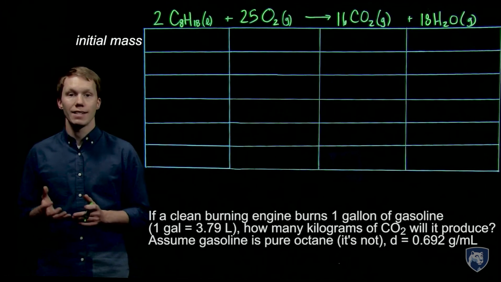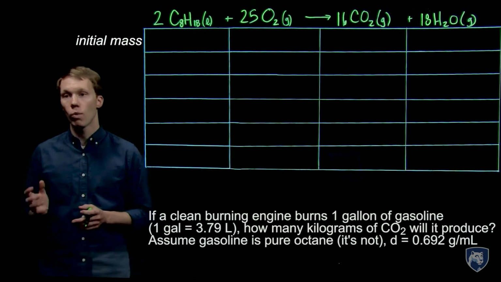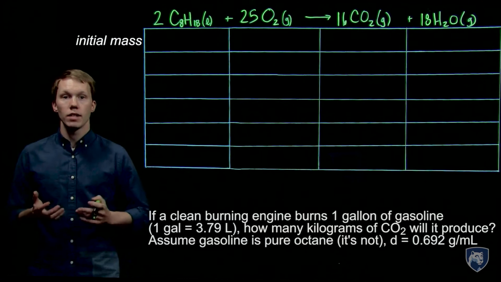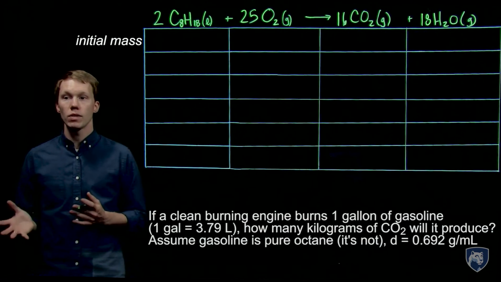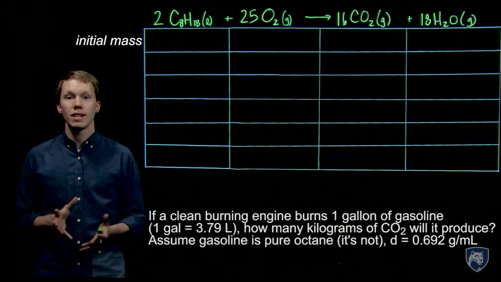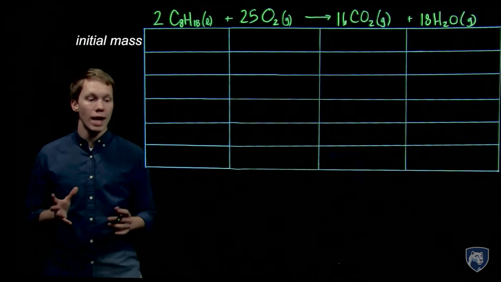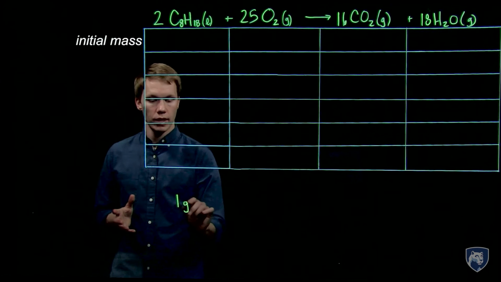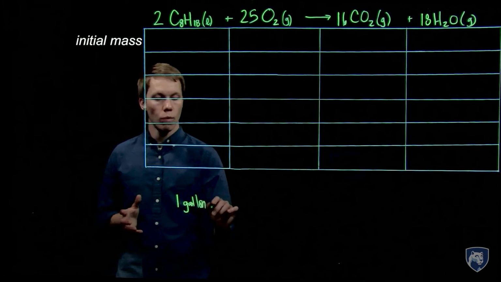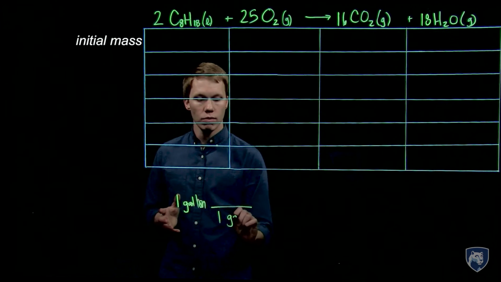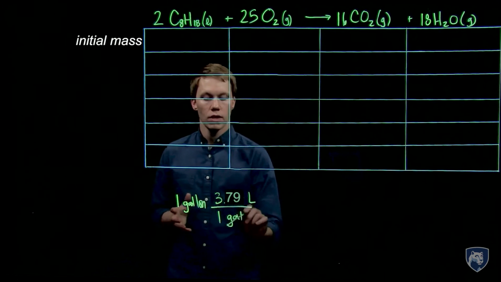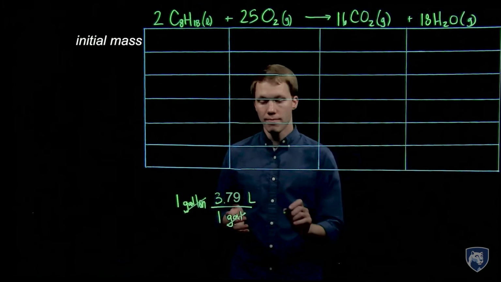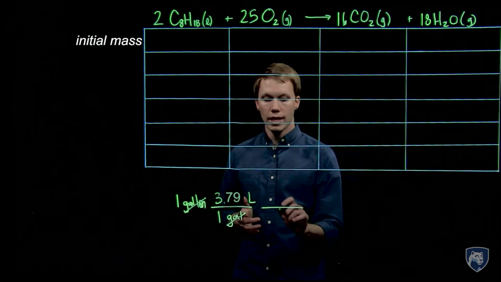So we need to go from whatever is given, be it mass or volume, to get to moles. My question again is, how much CO2 is produced per 1 gallon of gasoline burned? Since we're talking about a pure substance, octane, we can use this volume and use the density to get a mass. So we have 1 gallon, and we were told that 1 gallon is equal to 3.97 liters. So we'll end up with liters out of that. And then using the density, we can get the mass.